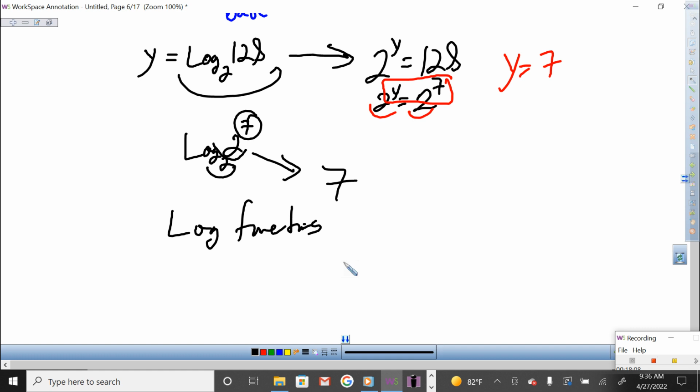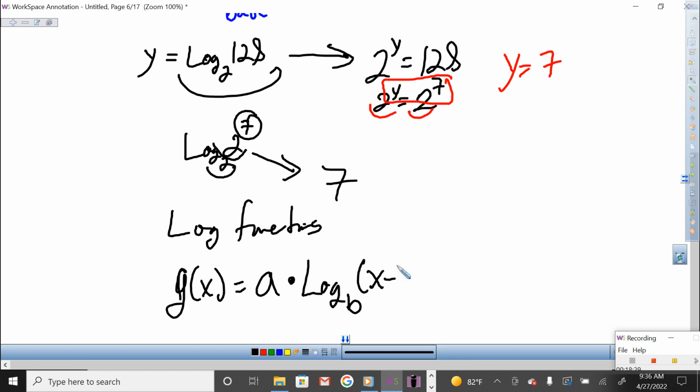Next, from there we introduce log functions. And we got g of x equals a times log base b of x minus h, plus k. You guys remember that? Once again, tell your neighbor what h and k do.